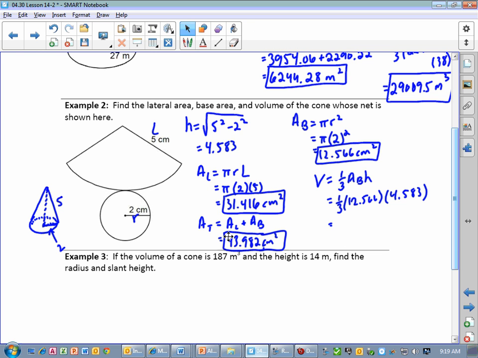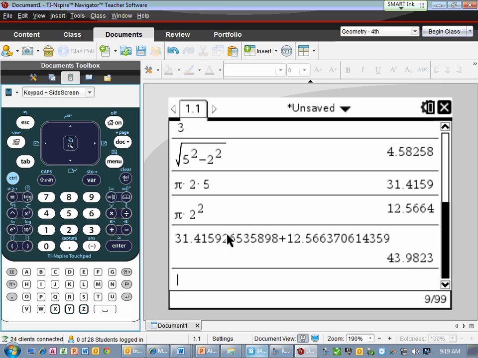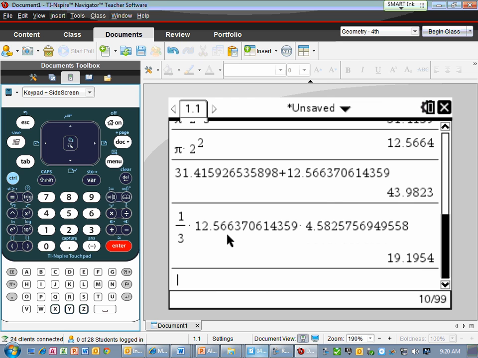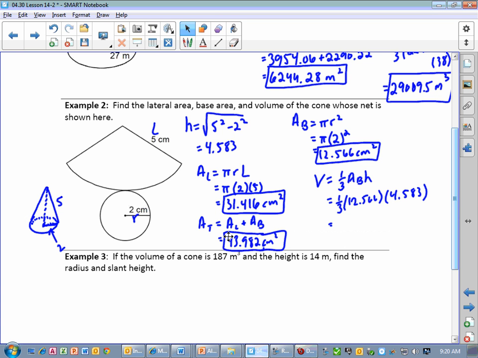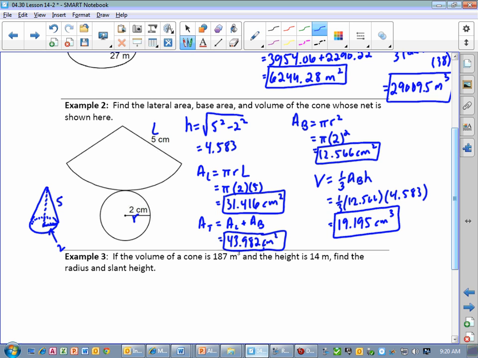Again, I don't have to retype these numbers, they're already in my calculator. 1/3 times 12.566 times 4.58 gives us 19.195, and our units are cubic. Good. I should have read the instructions, it said nothing about the total area. In all of the assignment problems you have to find the total area, so it can't hurt to have an extra example.